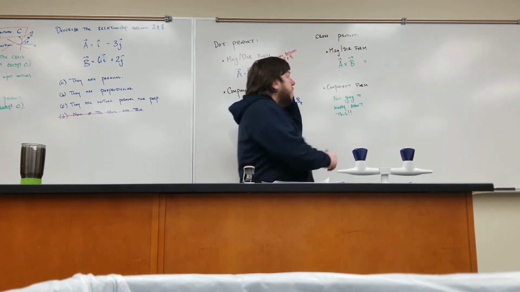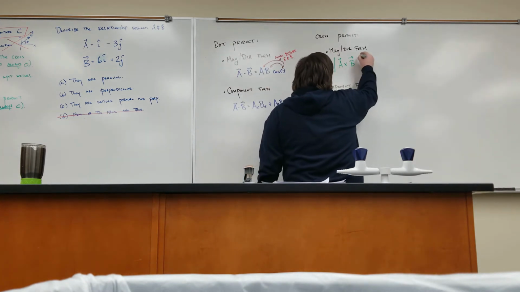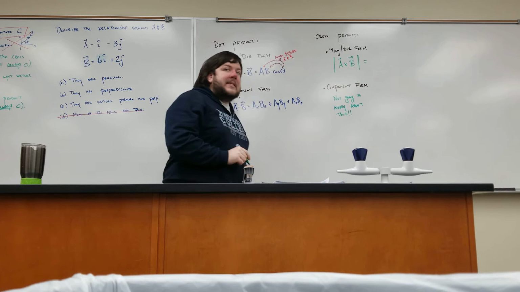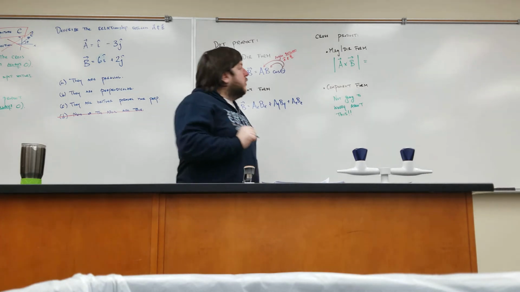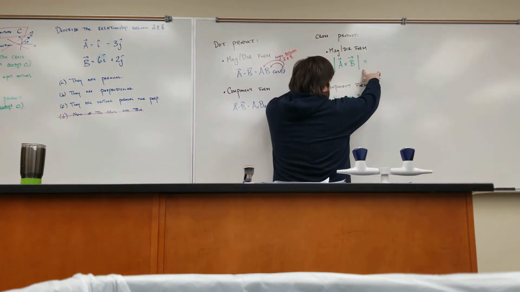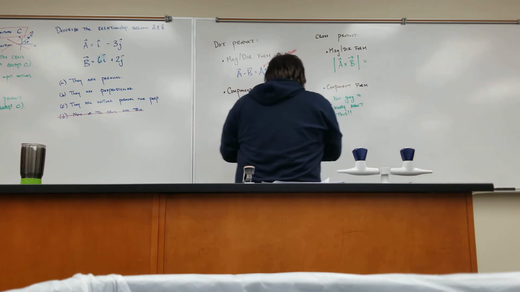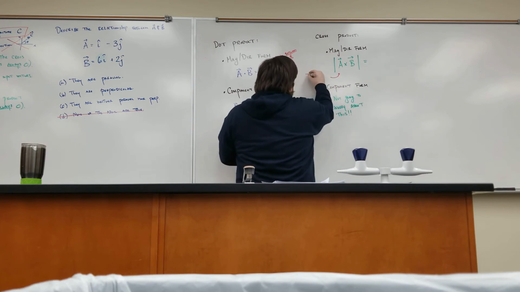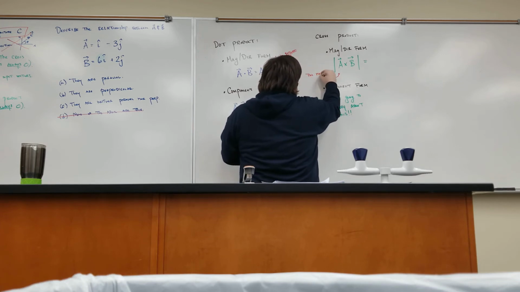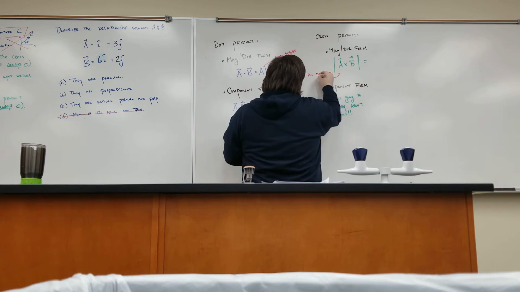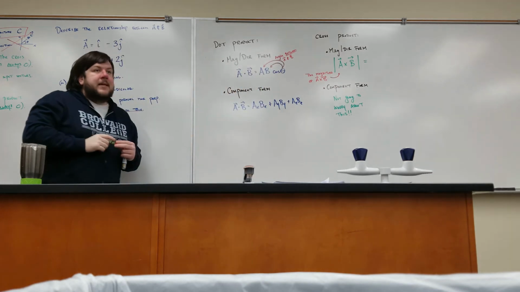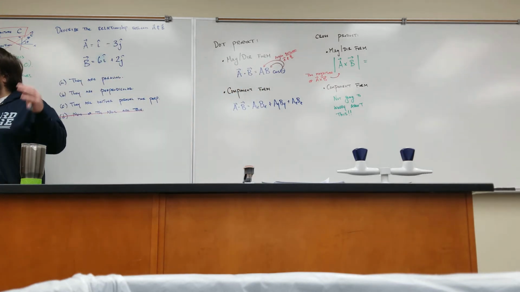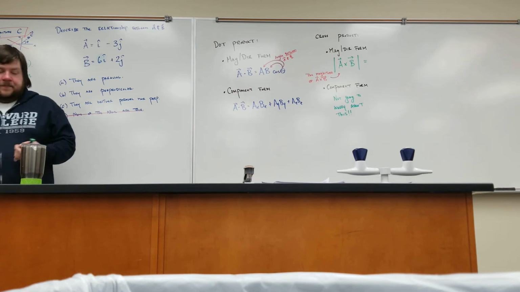So what I'm going to do is I'm going to put the absolute value bars, because now what that's saying specifically is this equation tells me the magnitude of A cross B. That's what that is. That's the magnitude of A cross B. It's not A cross B in its entirety.